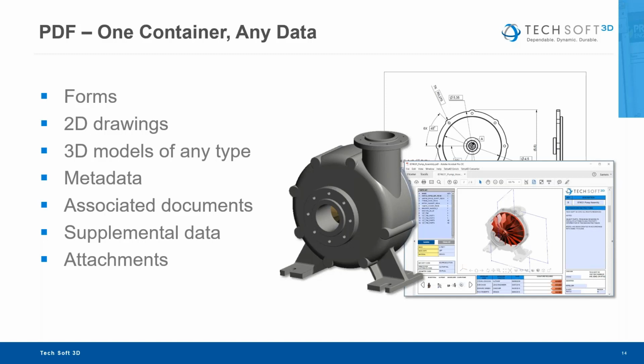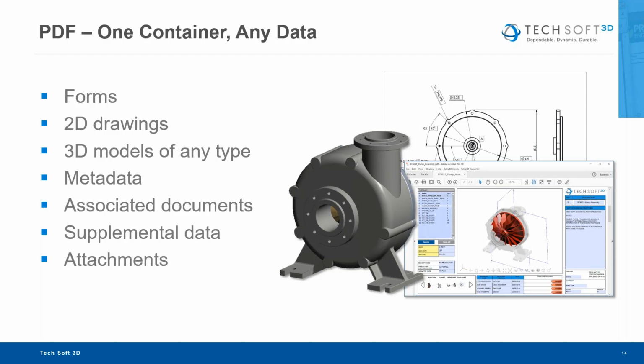I can also include metadata pulled from another system in the form of lists and things like that. I can create packages that have multiple documents in them, whether PDF files or in some cases even Office documents. Those can be referenced so that you can link between them within the PDF file. And you can also include attachments.